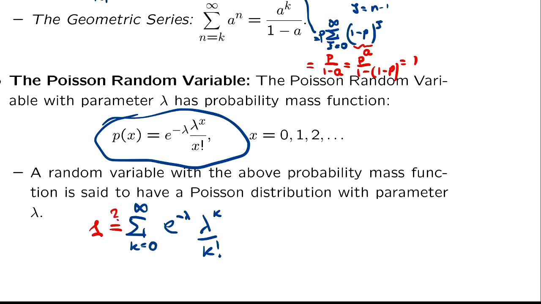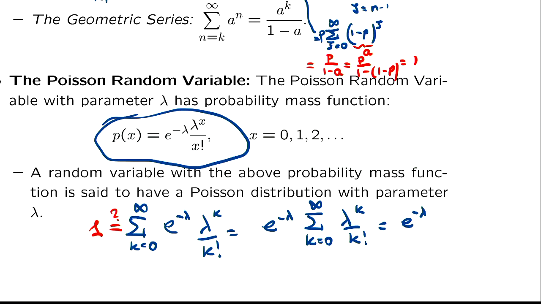My task is this. It's an infinite sum, but with a bit of imagination, it's easy to prove that this is true. I can pull out whatever does not depend on k. What is this? The Taylor expansion of e to the lambda.